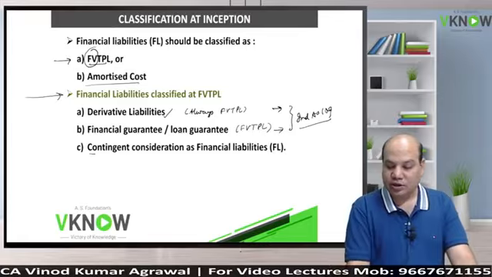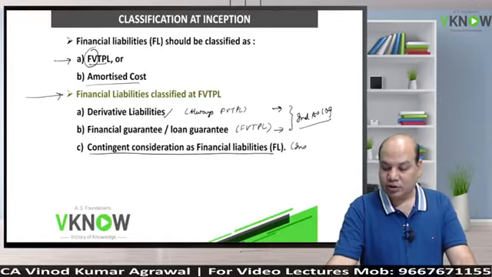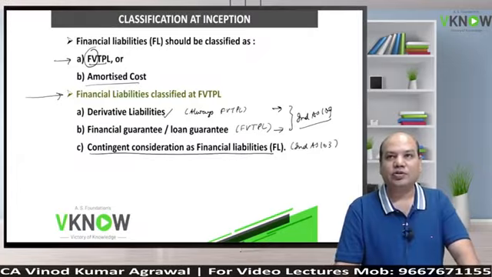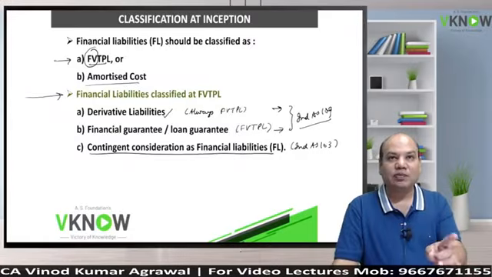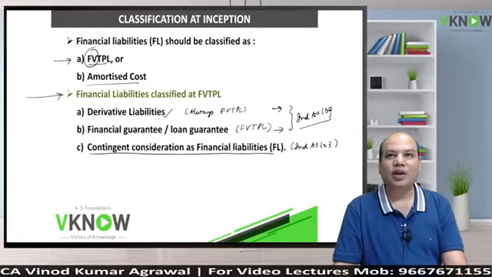Then contingent consideration. Remember Ind AS 103, already covered in Ind AS 103. A contingent consideration payable in cash or a contingent consideration payable in a variable number of equity shares is to be fair valued as per Ind AS 103.